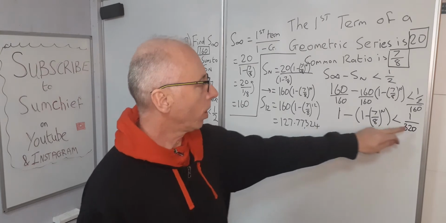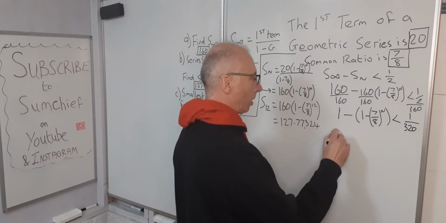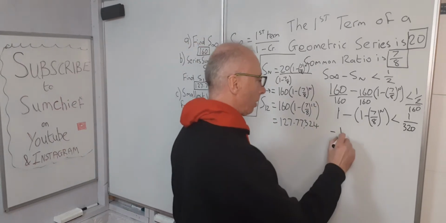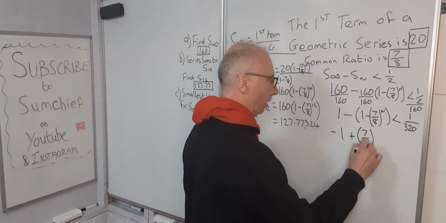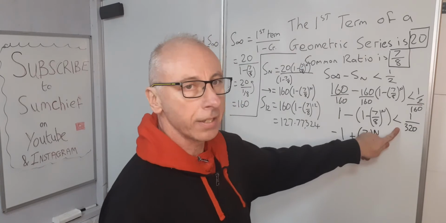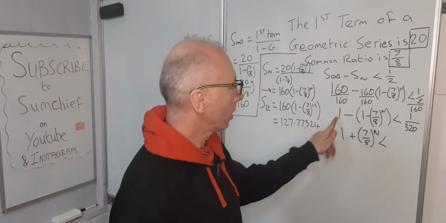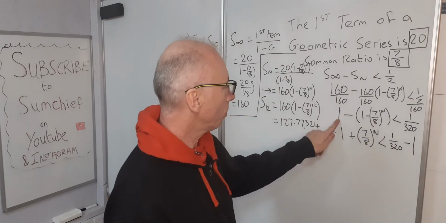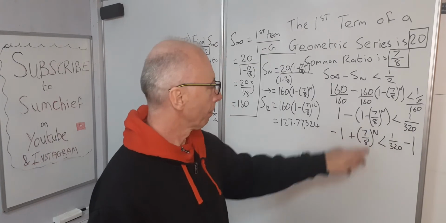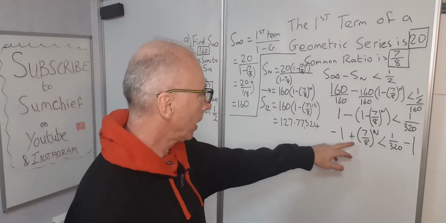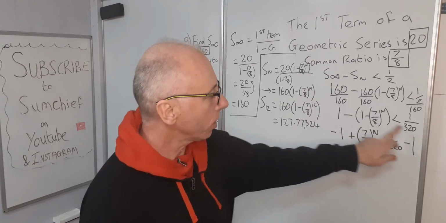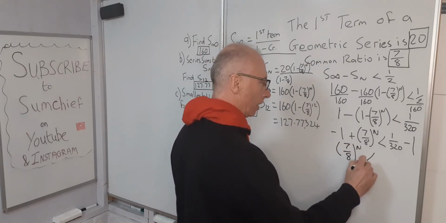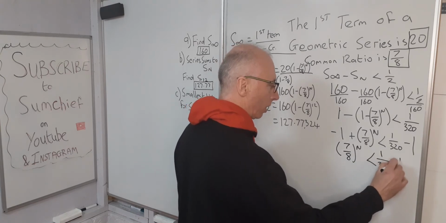Okay, let's get this 1 over the other side. So then we get minus 1 minus 7/8 to the power of n is less than 1 over 320, and minus 1 brought to this side means we add 1 to each side. Multiply through by minus 1, so that becomes plus 7/8 to the power of n is less than 1 over 320 minus 1.